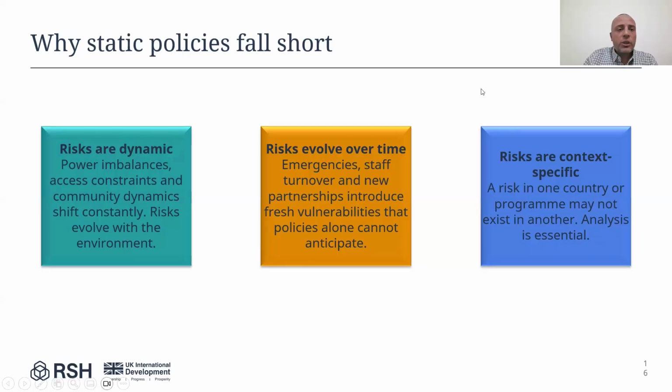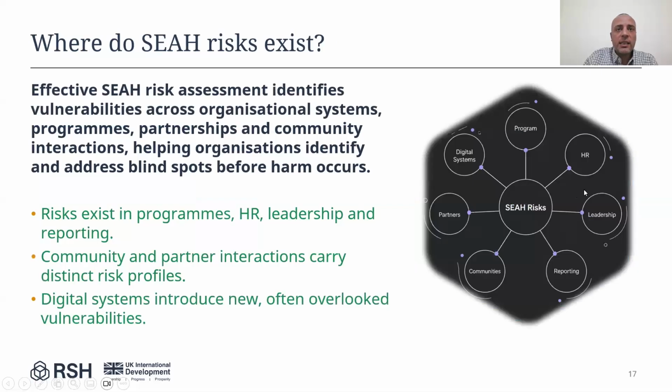The next question, next slide, please, Piero. If we ask ourselves where the greatest safeguarding risks exist in our organization, is it in the HR department, in programs, in procurement, or in leadership?